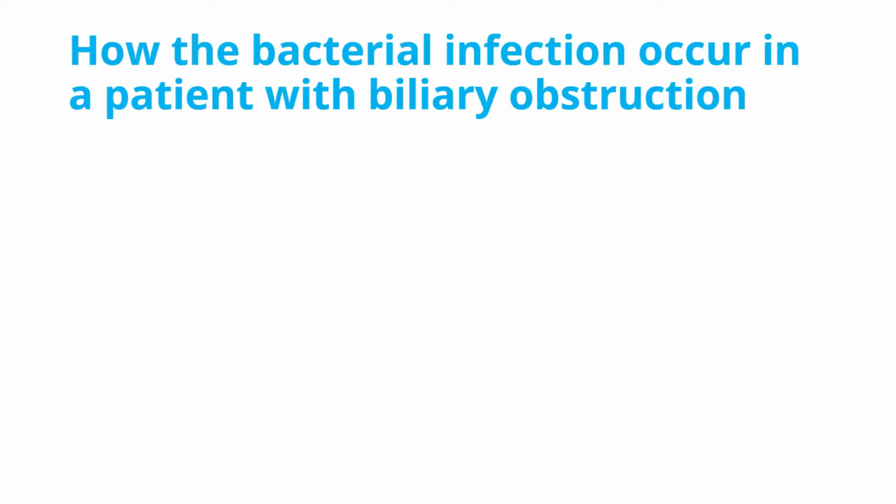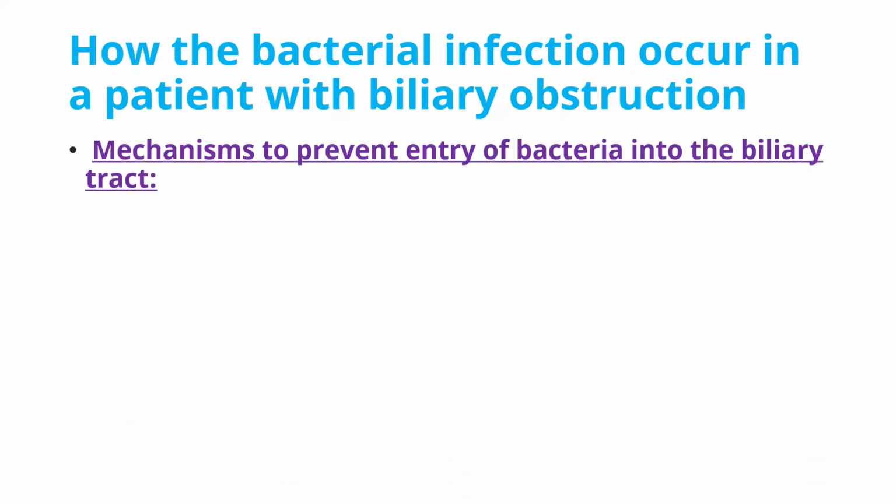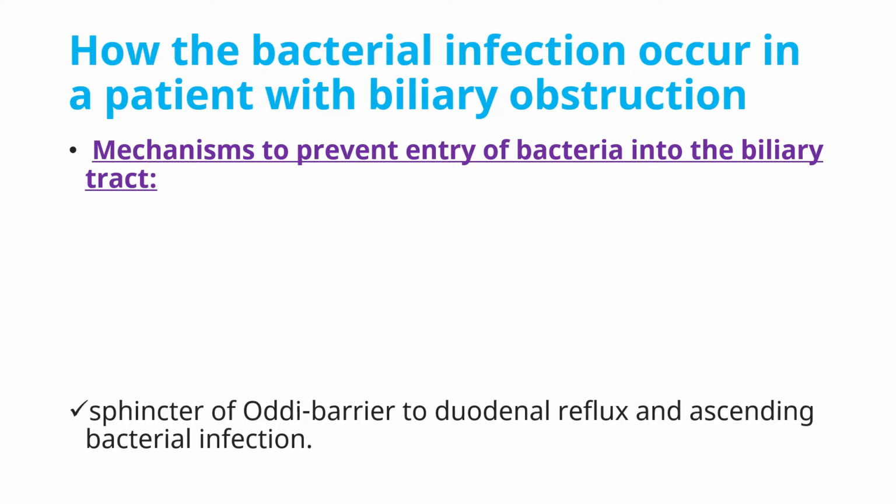So once there is obstruction of the biliary duct, there will be stasis. How does the bacterial infection occur once there is obstruction? Before seeing how the bacteria get there, what are the natural mechanisms that prevent entry of bacteria into the biliary tract, which is normally a sterile area?